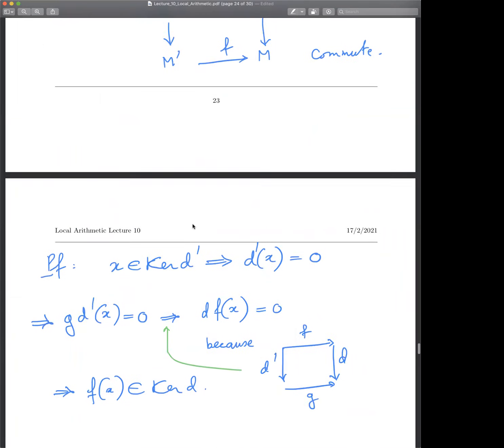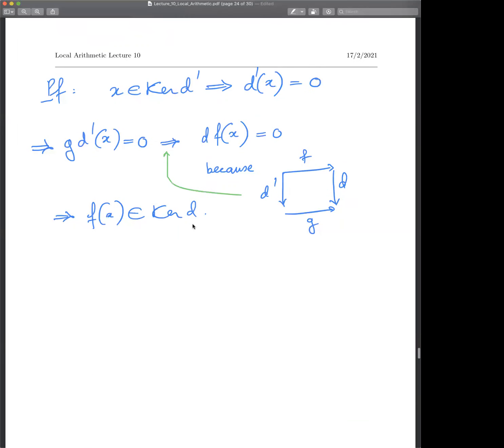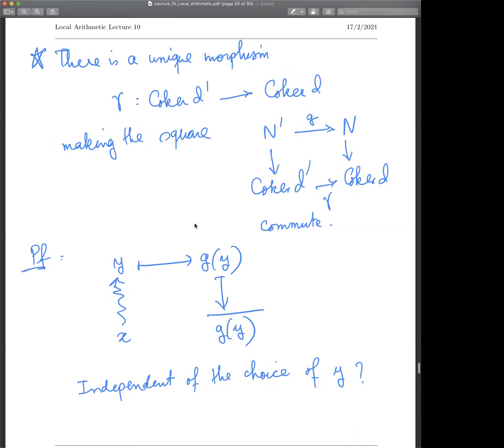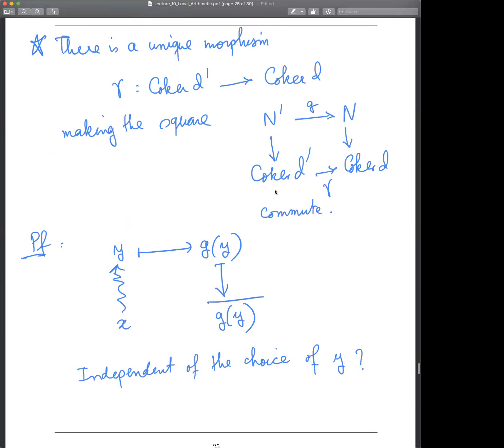Okay. So how do I prove that? I have to start with an x in the co-kernel and produce an element in the co-kernel here.